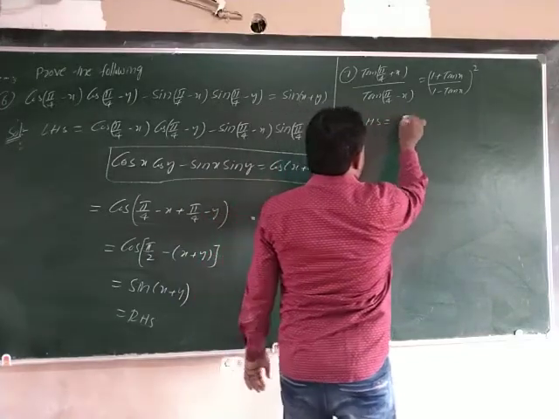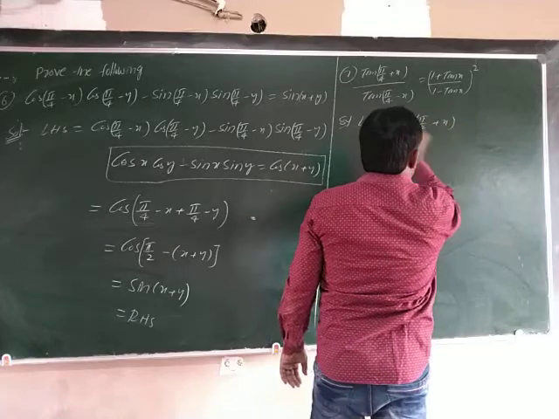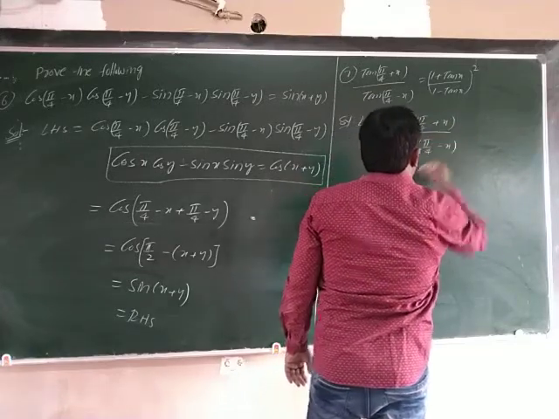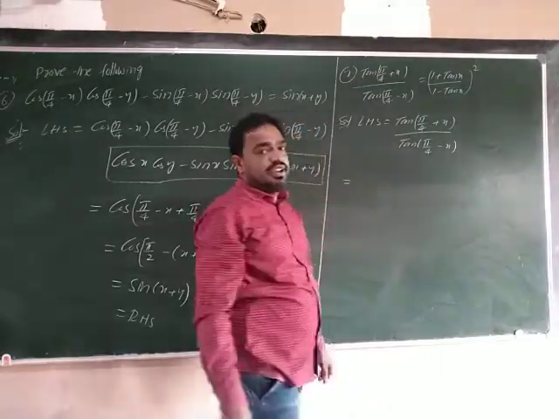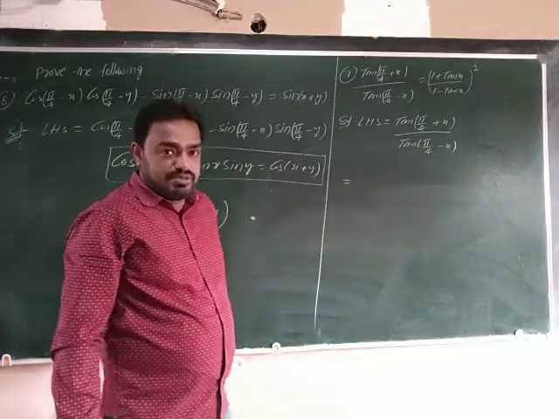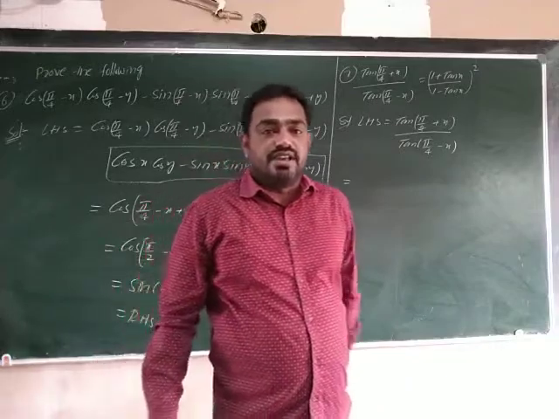LHS is equal to tan(pi/4 + x) / tan(pi/4 - x). Numerator is in the form of tan of x plus y, denominator in the form of tan of x minus y. What is the formula of tan of x plus y? Tan x plus tan y by 1 minus tan x tan y.